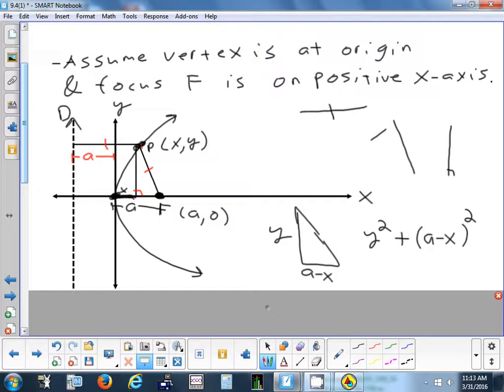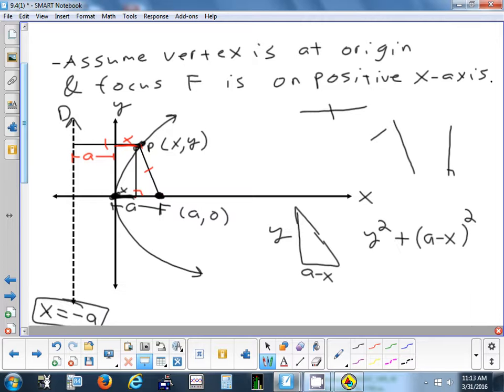If the vertex to the focus is a, then the vertex to the directrix is also a. So this part is a, and this little part right here, that has to be x, because we just labeled it on the bottom. So it's a plus x or x plus a, same thing.